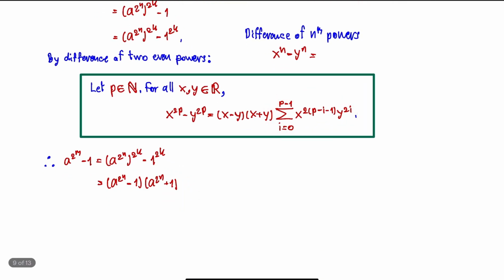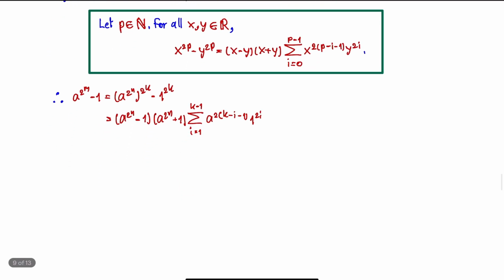So we are going to have a summation, and the first term is a to the 2 to the n, raised to the power of 2 to the k minus i minus 1, times 1 to the 2i. Okay, 1 to the 2i becomes just 1.